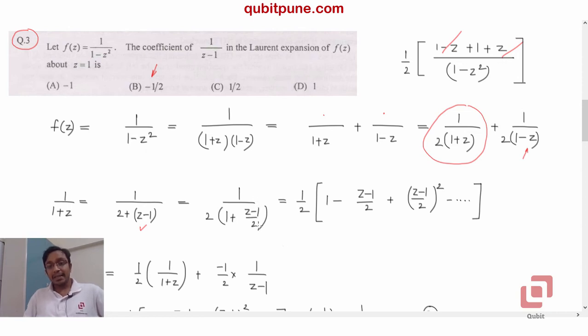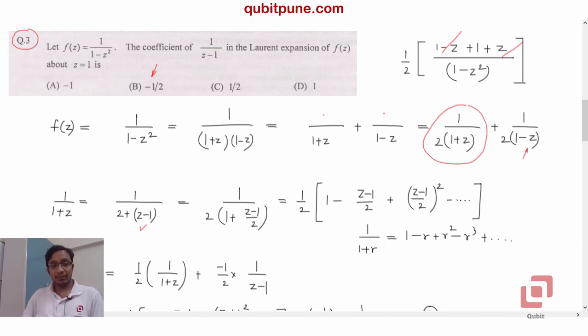And now I can use the sum to infinity of a geometric progression formula, which tells me that if it is 1 upon 1 minus r, then the expansion is 1 plus r plus r squared and so on. Because here we have plus, it is 1 minus r plus r squared minus r cubed and so on, isn't it? So it's because of this I had to rewrite 1 upon 1 plus z in this particular form.